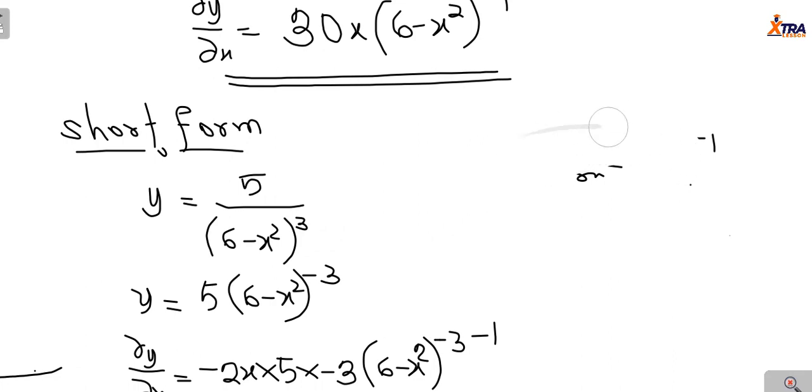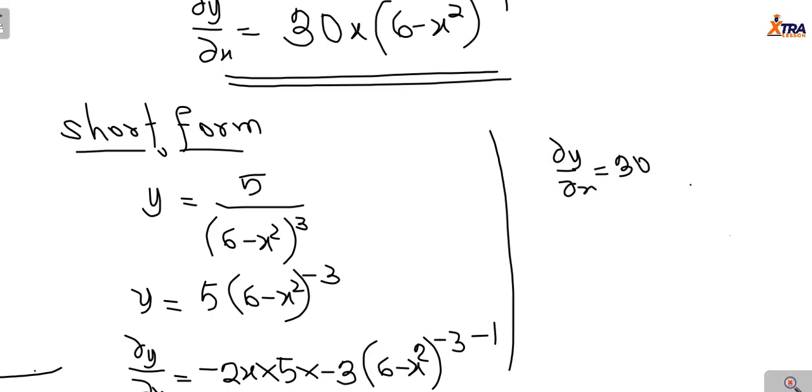Minus times minus gives plus. 5 times 2 is 10, and 10 times 3 is 30. We have dy over dx equals 30x times (6 minus x squared) raised to power minus 3 minus 1, which is minus 4.